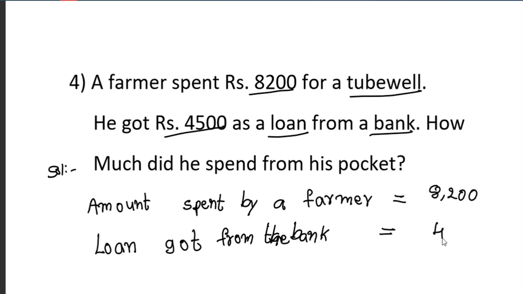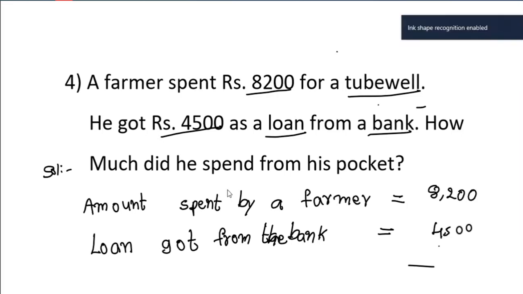That is 4,500. Okay children, so loan got from the bank is 4,500 rupees.